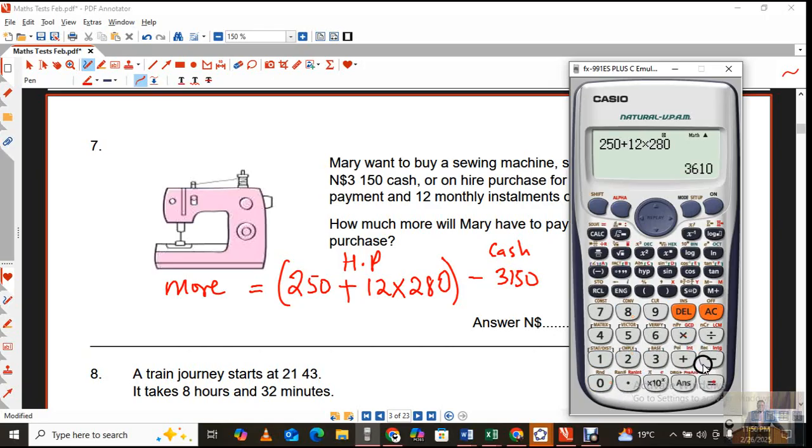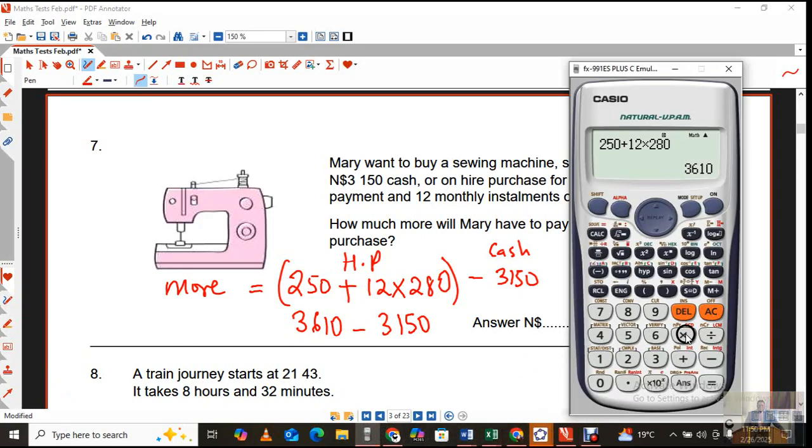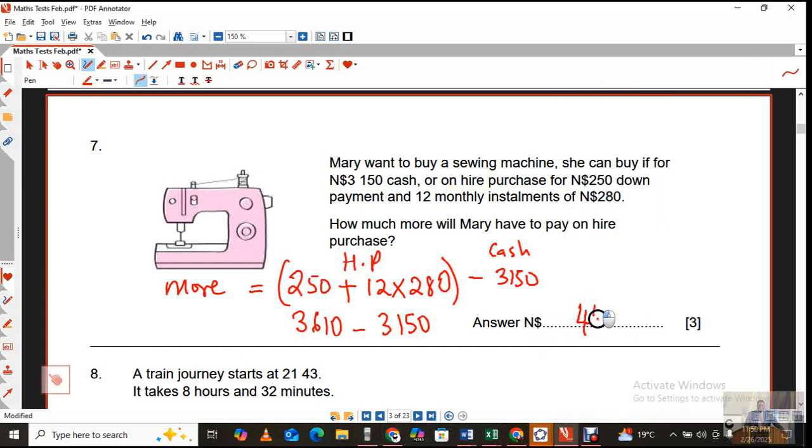Can you see that he ends up paying 3,610 if he was to pay this over that period of time. Now, finding the difference will tell you how much more the person has to pay. So minus 3,150, that gives you 460, which is what the person will be paying more if he takes the option of buying the sewing machine on hire purchase.